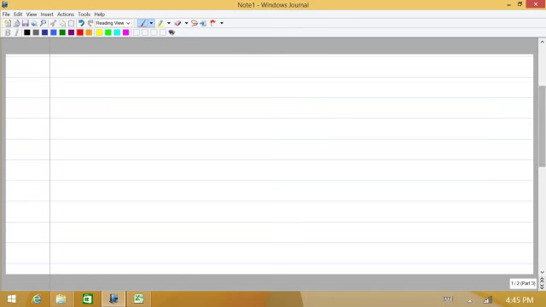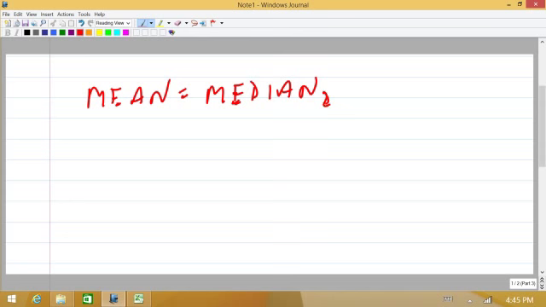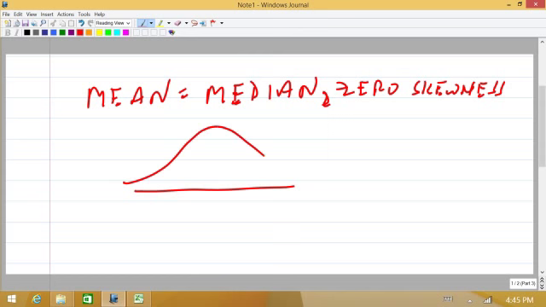If our data is symmetric, mean is equal to median, and we have 0 skewness, we have symmetrical data where the area to the left is equal to the area to the right.